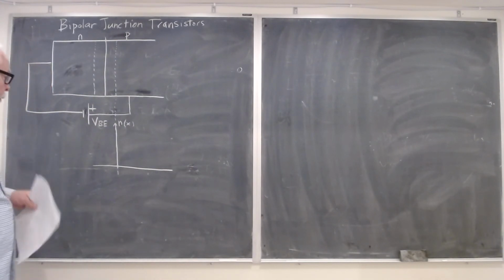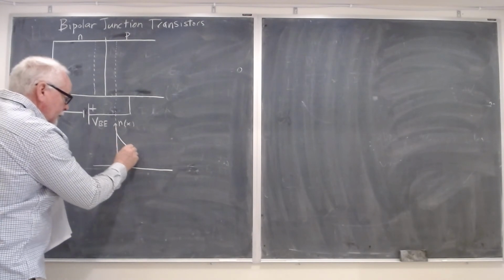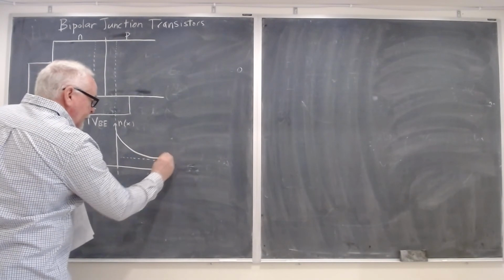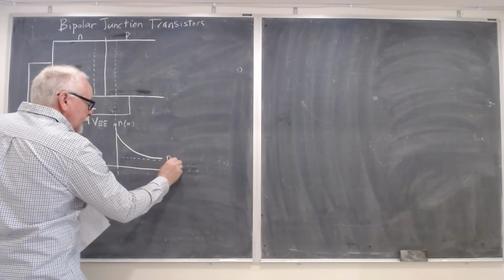And you know what happens. This basically does this sort of thing here, where this is, I'm going to call, N B0.